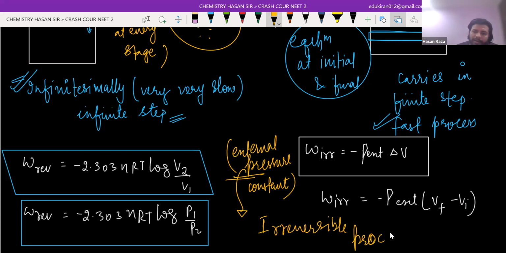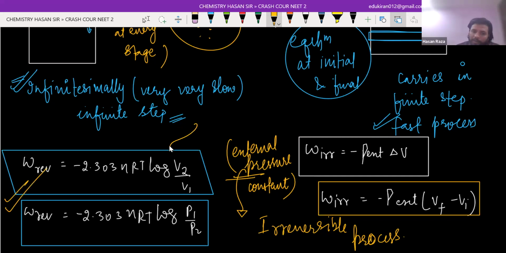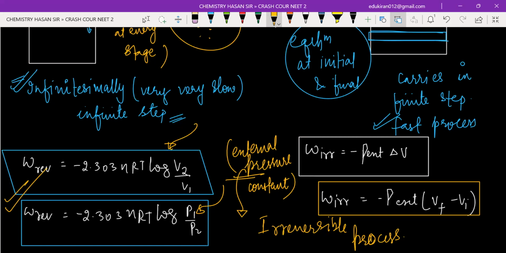It will be directly written in the question that the external pressure is constant. That means it is irreversible, and you apply this formula to calculate work done. And if it is reversible, then you apply this formula according to whether volume or pressure is given. V2 is the final volume, V1 is the initial volume. I think it's clear to all of you, right?